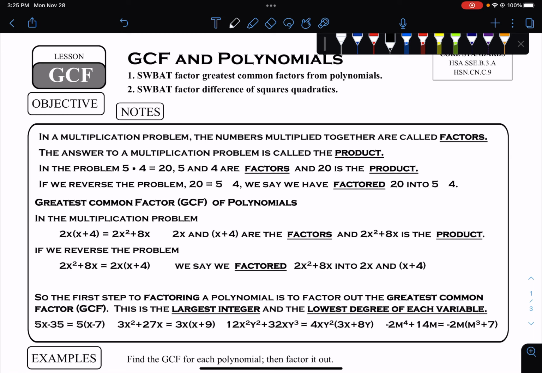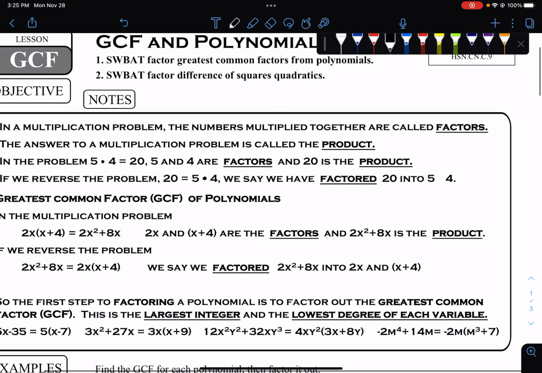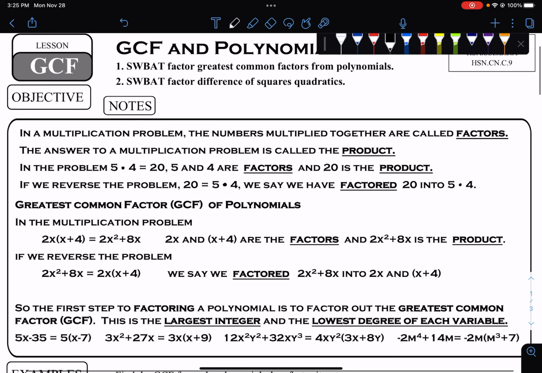If we reverse that problem and say 20 equals 5 times 4, then we say we have factored 20 into 5 times 4. Depending on which way we write it, you read it a little bit differently. But the important thing to note is that the product is 20, and the factors are 5 and 4. Those are the two things that multiply to be the 20.